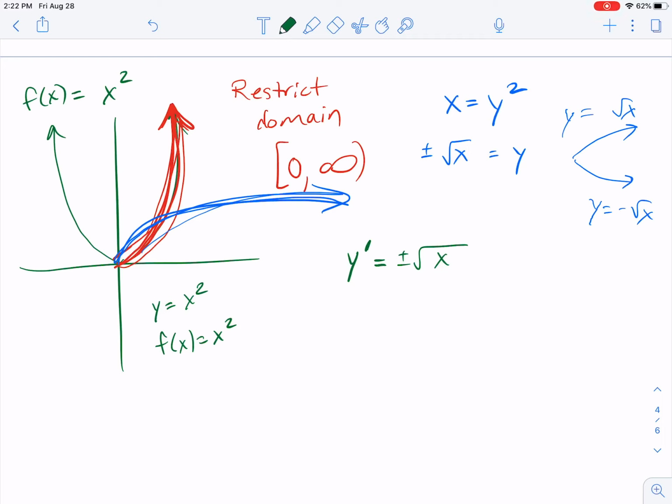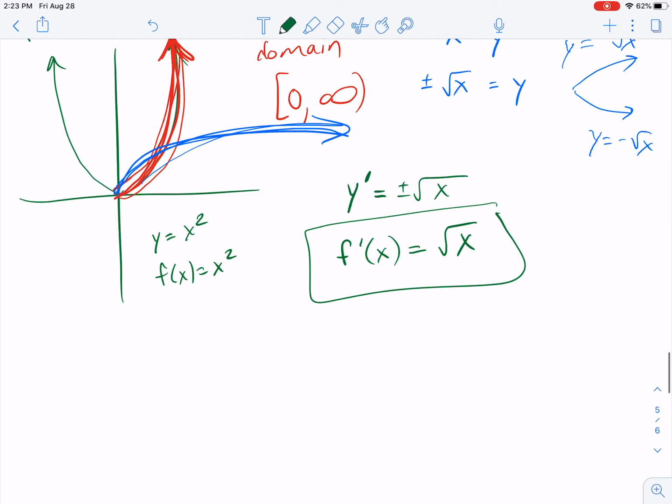However, that's not helpful. What we will typically do is use the inverse function. So as soon as I use function notation, I have to have a function written here. Because of the plus or minus, it's not a function. So we'll say that the inverse function will just be the positive square root of x.